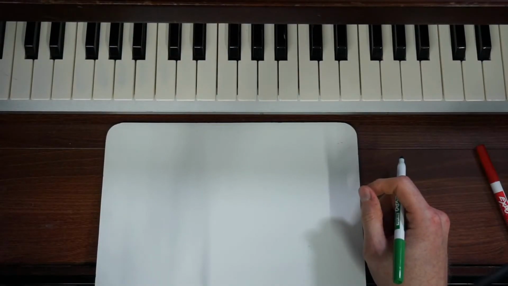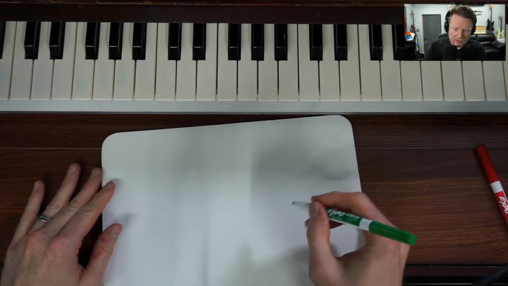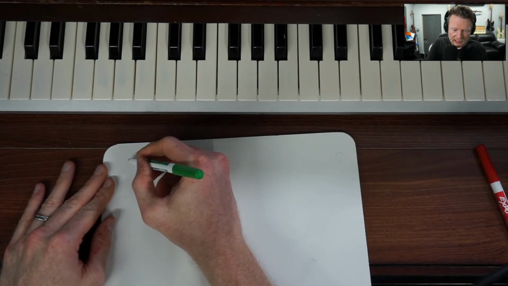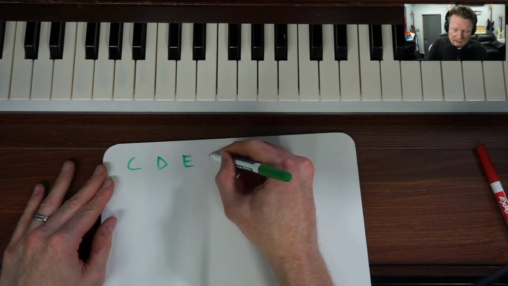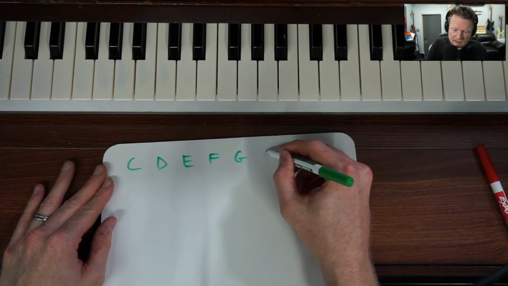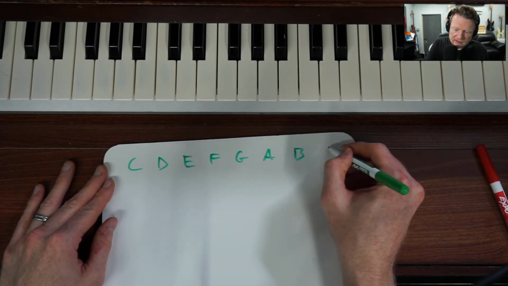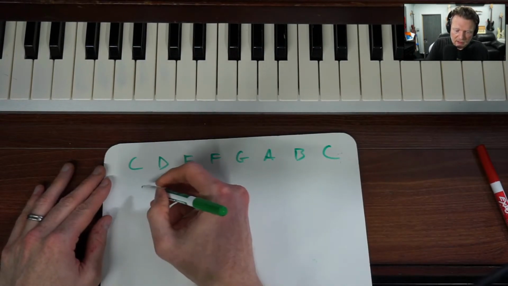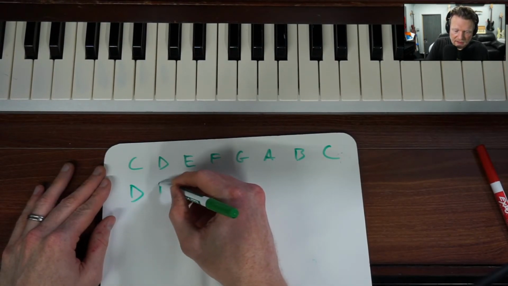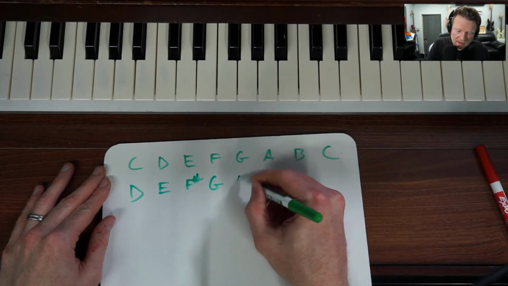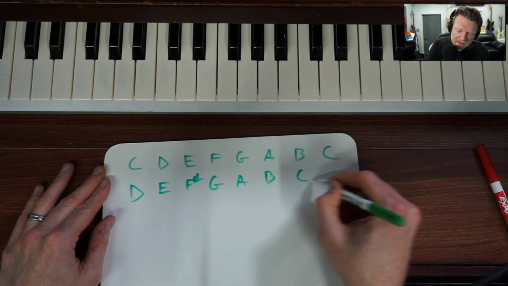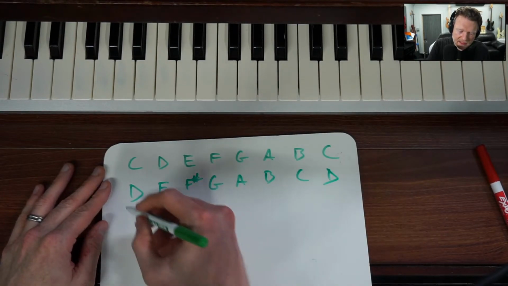Let's go back. I'm going to write out a couple of scales here. C, D, E, F, G, A, B, C. That's the C scale. D, E, F sharp, G, A, B, C, D. That'd be the D scale.